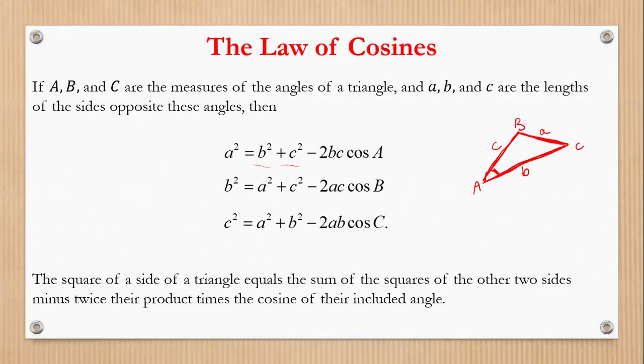If I subtract that product from this sum, I will get the square of the third side. And if I take the root, I can have the third side. So we are going to use one of these formulas based on what sides are given to us and what we want to find.